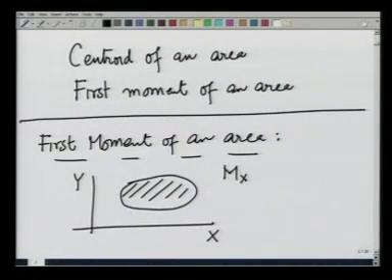I define the first moment of this area, m x, about the x axis as summation y i delta a i, where delta a i is a small area at a distance of y i from the x axis.